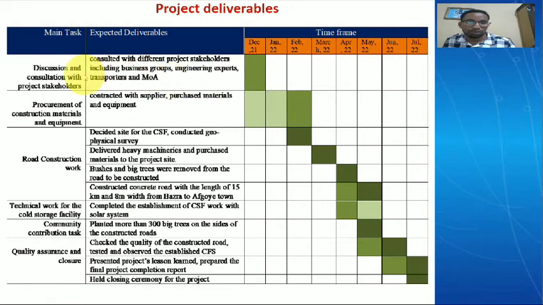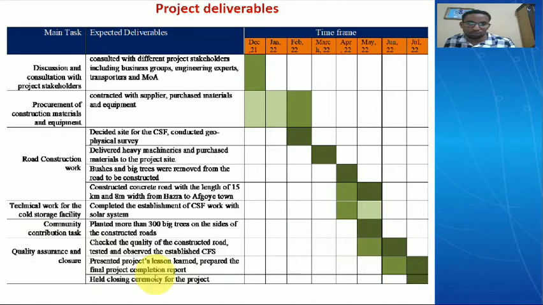For example, the main activity, discussion and consultation with project stakeholders, we will close in December. The procurement activity we will implement from December to February. Quality assurance and closure activities we will implement from April 2022 up to July 2022.